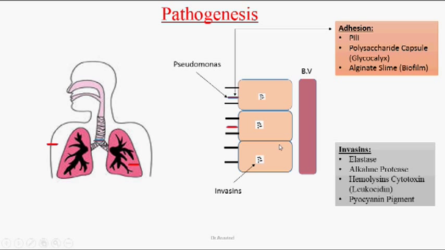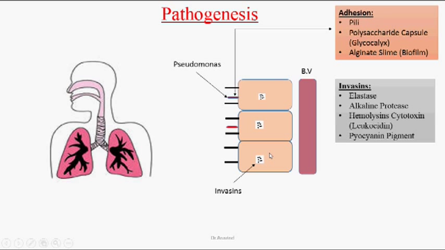So with the help of alginate material, biofilm, these organisms can inhibit everything from the immune system. After this, the organisms destroy the epithelial cells and start to enter into the bloodstream.